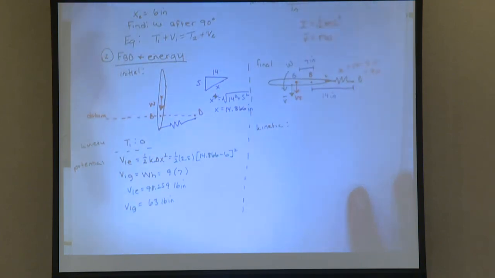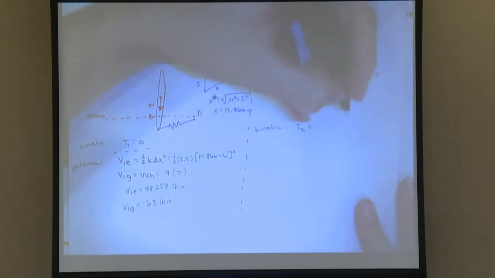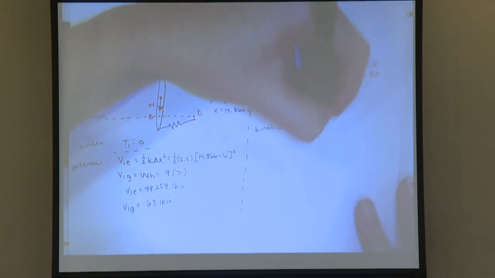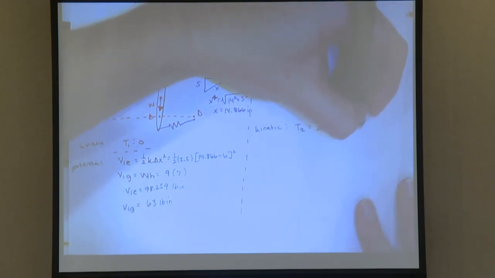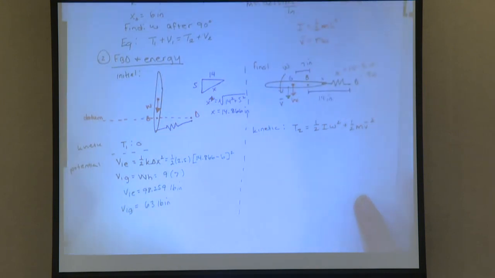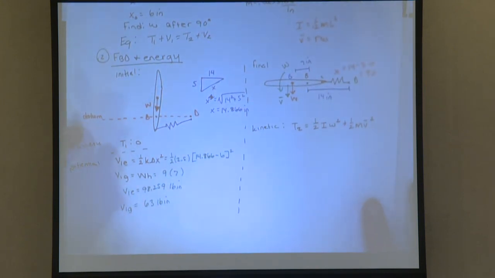So now let's talk about kinetic for the final case. What is our equation for kinetic energy for rigid bodies? Before, whenever we talked about this stuff, it was 1/2 m v squared. How do I relate the rotational component into the equation? T2 is equal to 1/2 I omega squared plus 1/2 m v bar squared. You just add it in there.